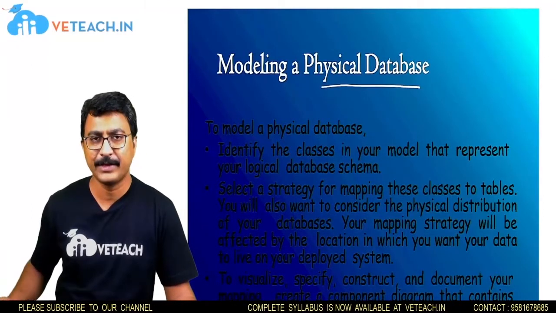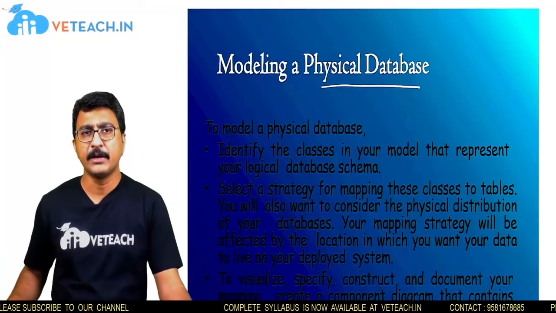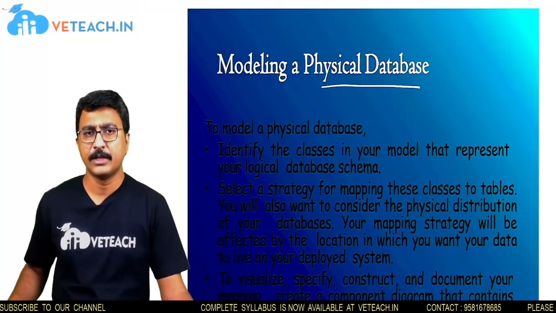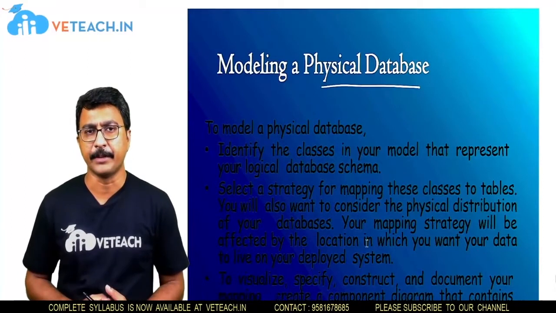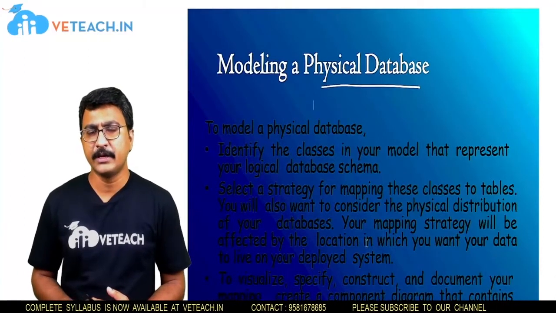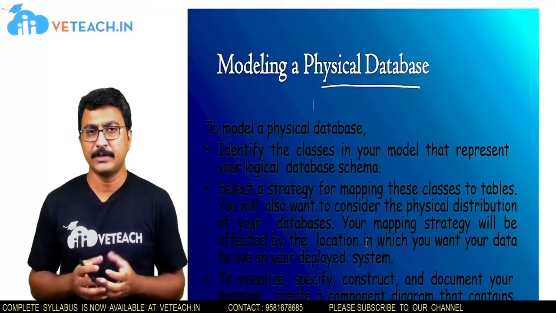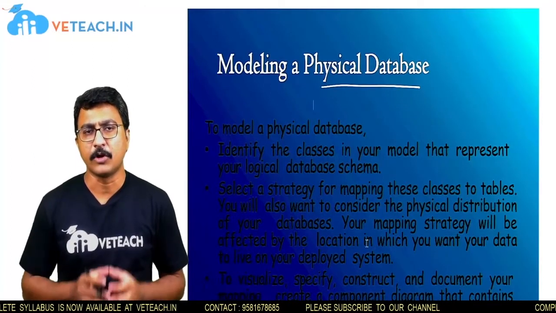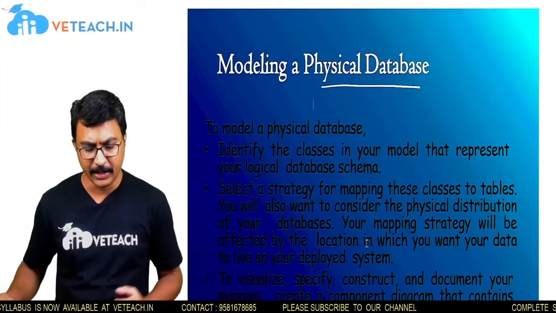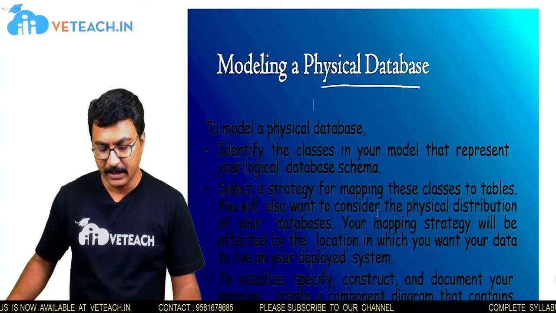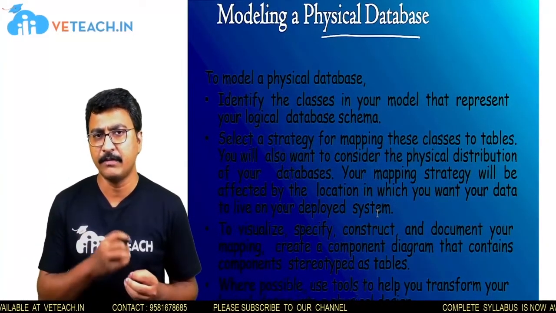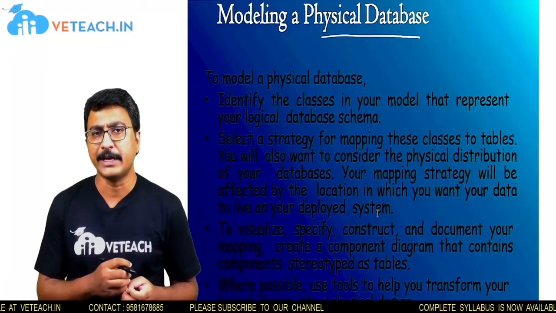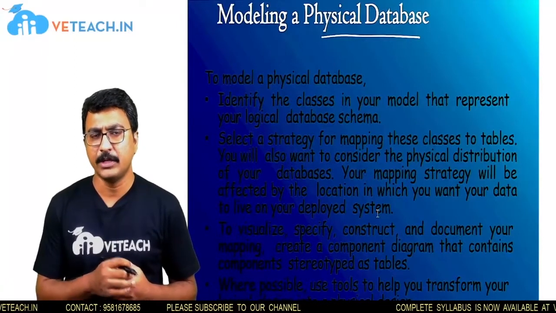For example, if a database is being created for a college, there are a lot of tables being created. All those tables, when related with each other, make it a component diagram here. So that component diagram is our physical database. The tables that we have related one with the other are now treated as components.